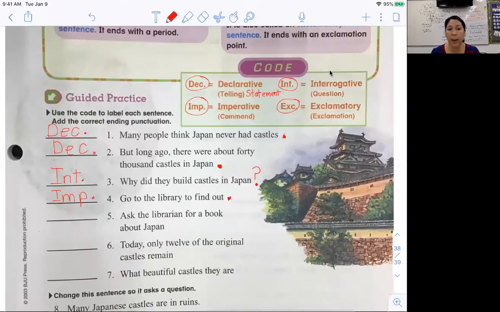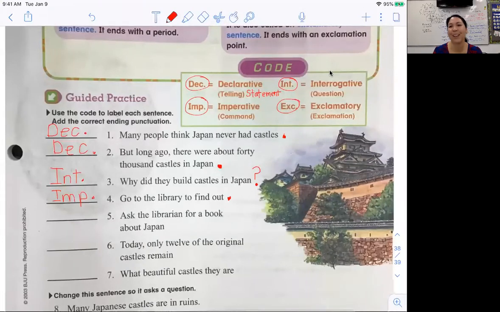Okay, let's read what we have so far. The first 2 were statements. The second one was an interrogative, and the last one was imperative. Many people think Japan never had castles, but long ago, there were about 40,000 castles in Japan. Why did they build castles in Japan? Go to the library to find out.